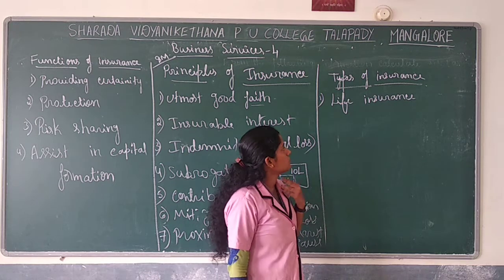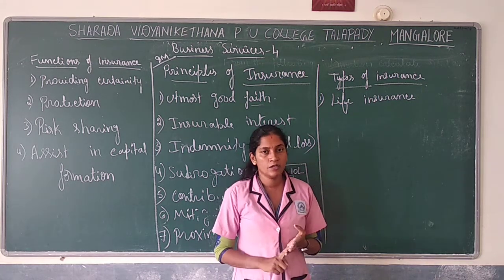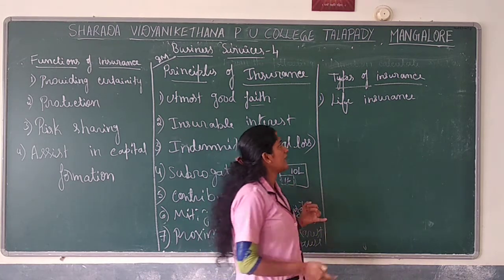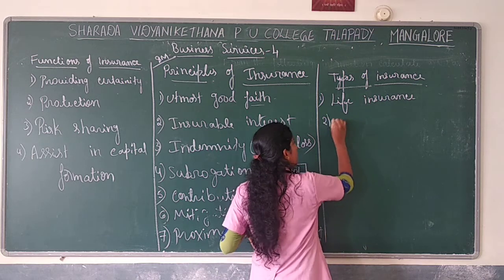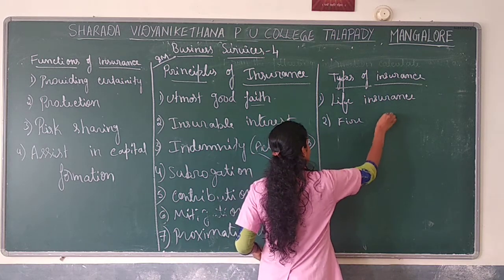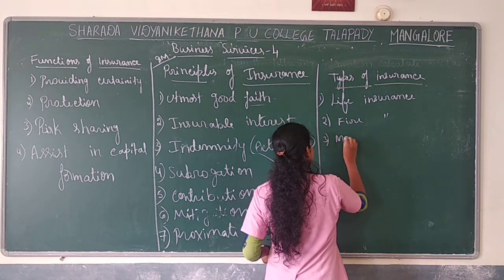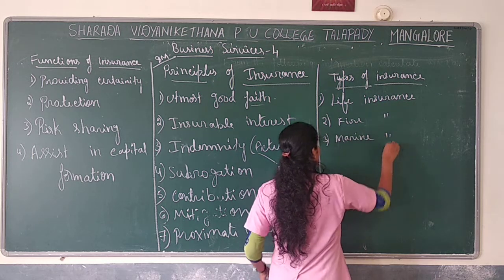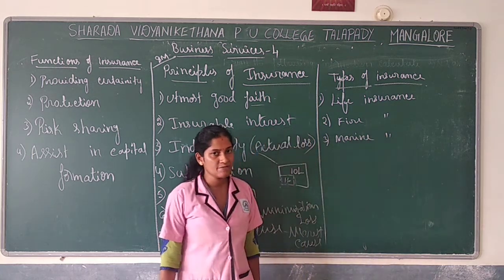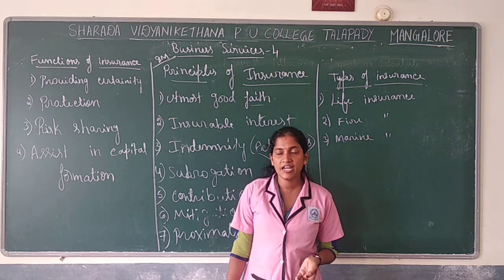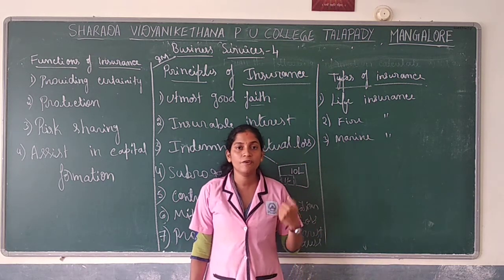Coming to types of insurance, there are many types, but I will take life insurance, fire insurance, and marine insurance. What is life insurance? As the name suggests, this kind of insurance is taken for the life of the person, correct?